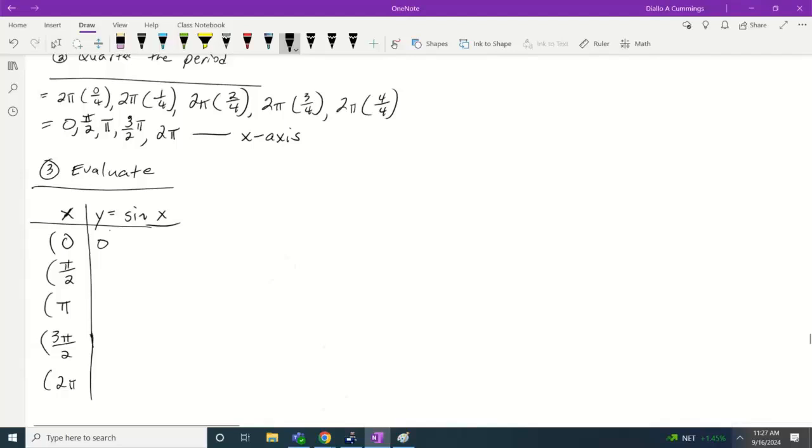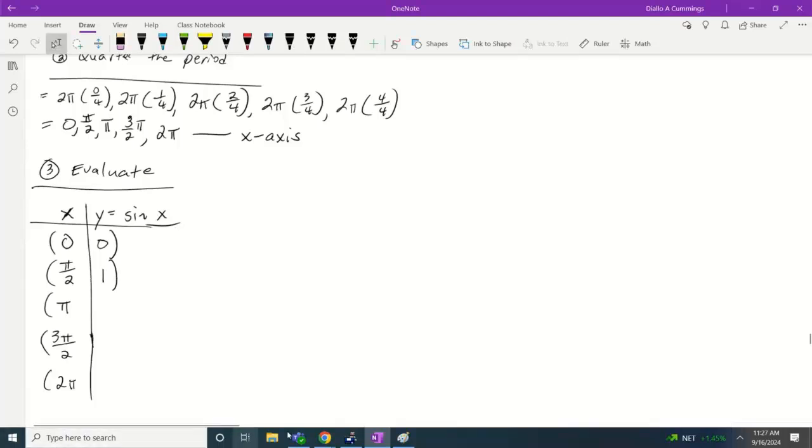So that gives me my first ordered pair, (0, 0). To find my next ordered pair, I'm going to substitute x with pi over 2. So what is the sine of pi over 2? It should be 1.